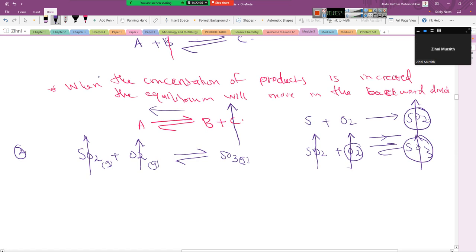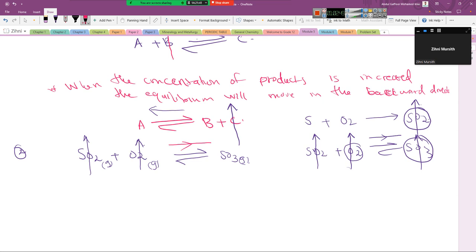So when the concentration of SO2 and oxygen gases is increased, what will happen? SO3 should be produced. The equilibrium will move in the forward direction, and we are removing SO3 also. How do we remove SO3?